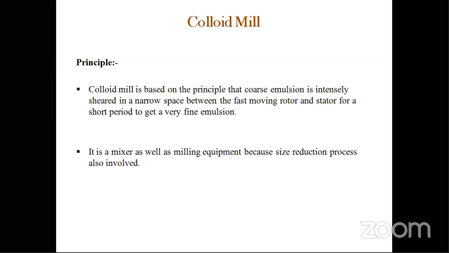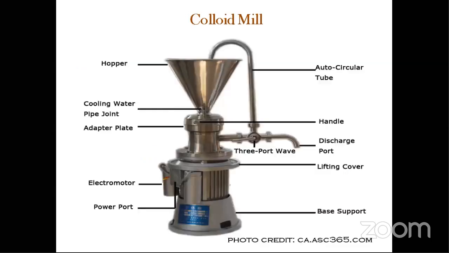Okay, so directly we can see the image here. It is a colloid mill, and you can see the upper portion is the vessel. This vessel has the narrowest portion, and this narrowest portion consists of the rotating portion and the static portion, the stator.